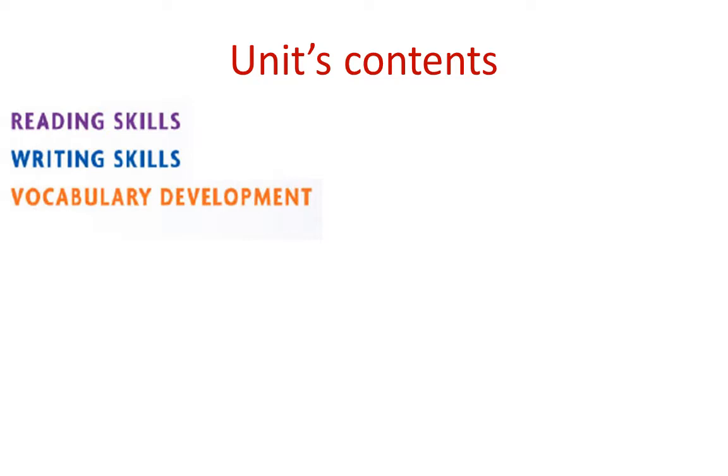Regarding reading skills, each reading section contains 1 or more texts which students use to develop different study skills. These study skills are clearly detailed in study skill boxes, which you can see in different parts on different pages.